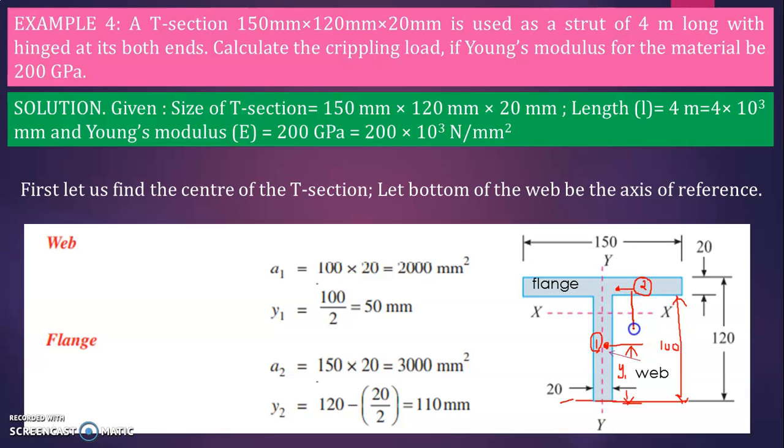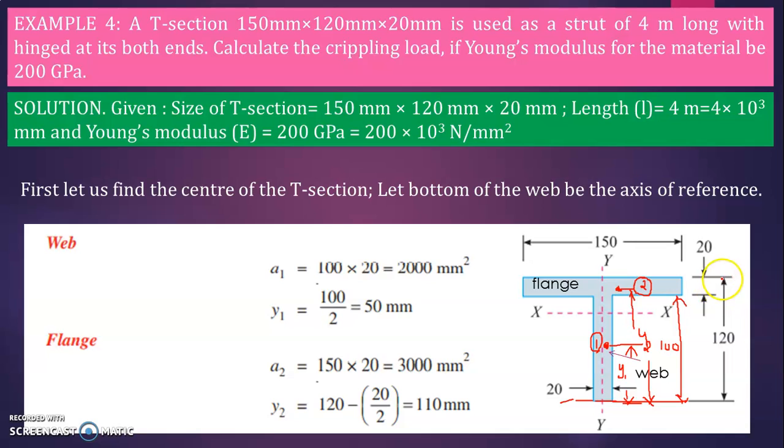Y2 is the distance from the centroid to the neutral axis. The distance from here to here is 20 divided by 2, that is 10, plus this distance, 100, so 110.